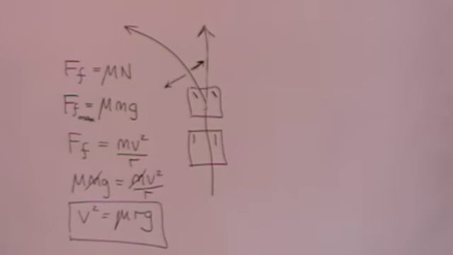And what does that tell us? Well, g is a constant, so you can't do anything about that. Mu is the coefficient of friction between the tyre and the road, so the greater the coefficient of friction, the greater the speed that you can go round at the corner. And the greater r is, the faster you can go round the corner.